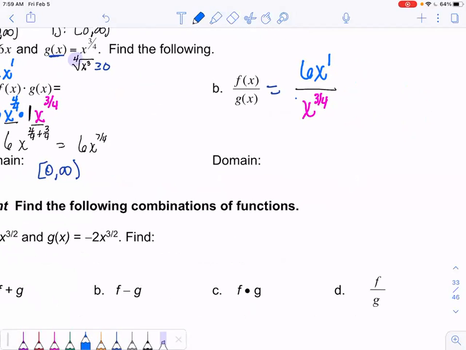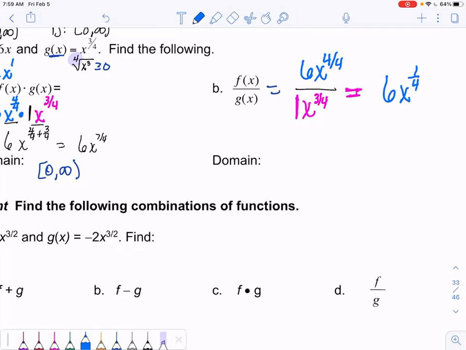So there's really a 1 in front of this x in the denominator. So you're dividing the numbers and you're subtracting the exponents. And we just said that that 1 is really 4/4. So Ella, 6x to the 4/4 over 1x to the 3/4. If you subtract those exponents, what do you get? Yeah. So 4/4 minus 3/4 gives us 1/4. And again, the numbers get divided. 6 divided by 1. That's just 6.